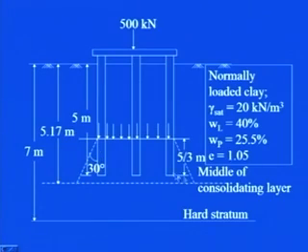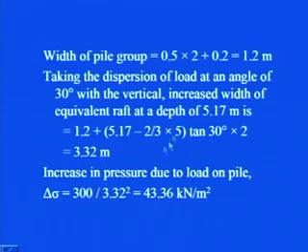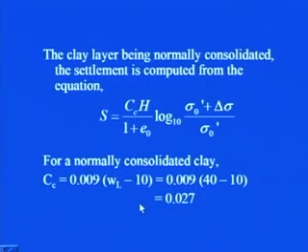At this particular depth you can find the width simply by a trigonometric expression, which works out to be 3.32 meter. So the increase in pressure due to load on the pile will be whatever load was coming divided by that particular area. The load intensity works out to be 43.36 kilonewton per meter square.